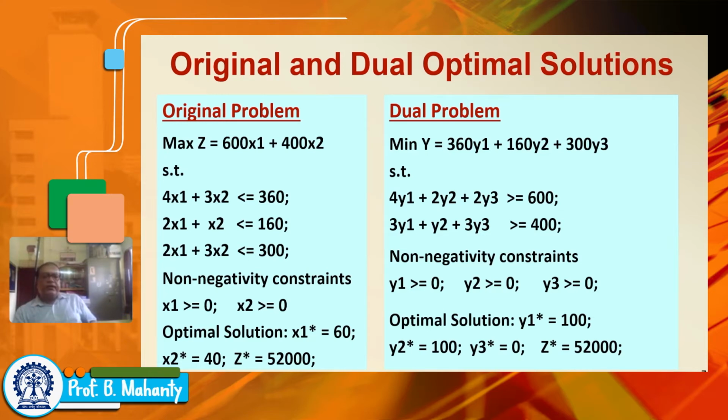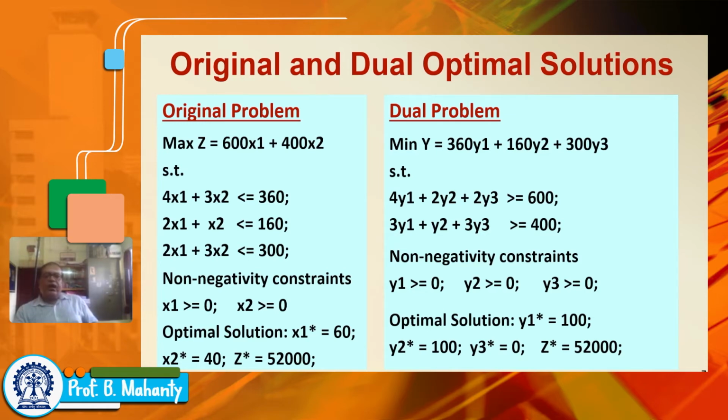Then what you get is 4 plus 2 plus 2, this value quantifies as 800, and this value quantifies as 3 plus 1 plus 3, that is 700. That actually satisfies both the constraints. But that is definitely not a basic feasible solution.